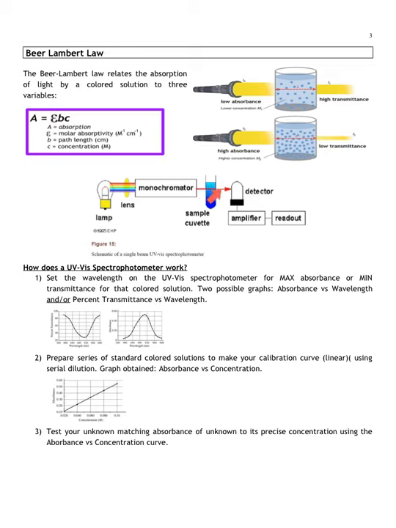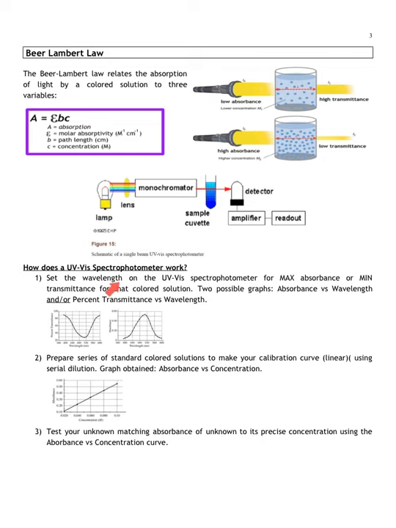And then, of course, the amount of light that gets transmitted through is detected. There's an amplifier and a readout for the absorbance or transmittance from that. So this is a schematic of what is called a UV spectrophotometer. It actually gives off ultraviolet light or visible light within that range of wavelength.